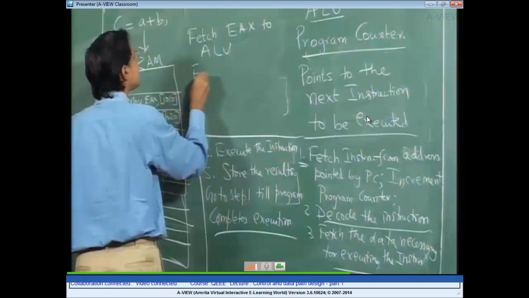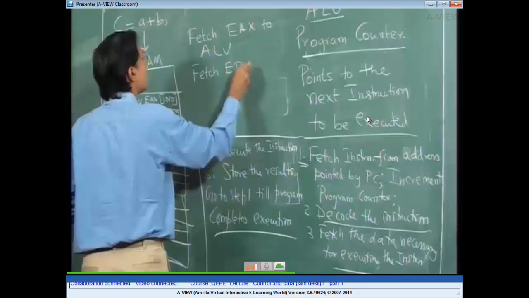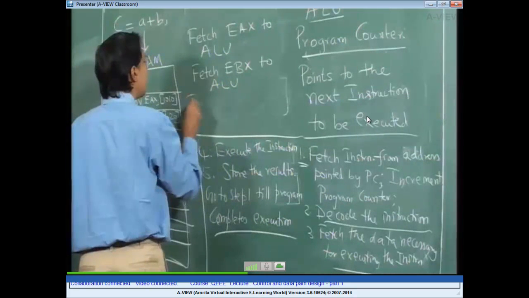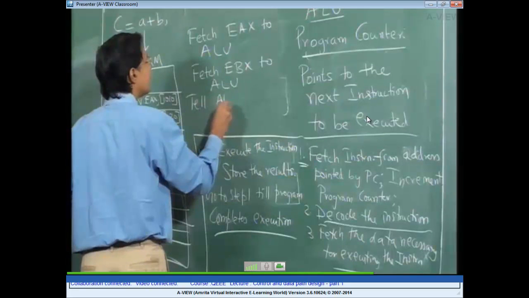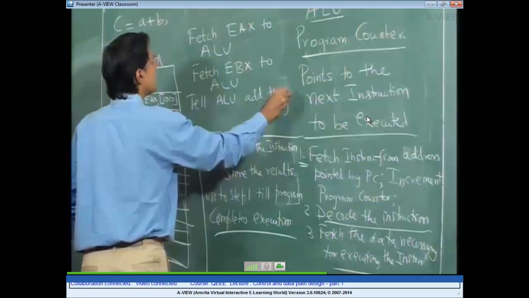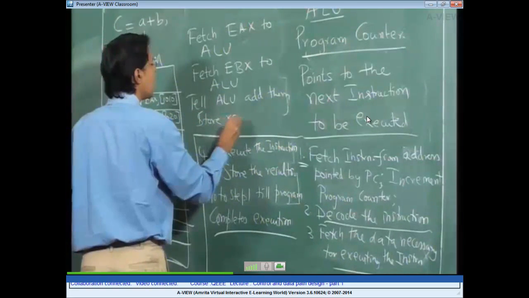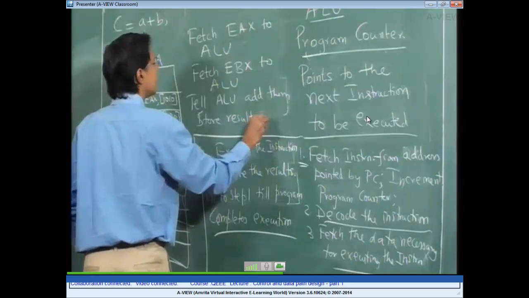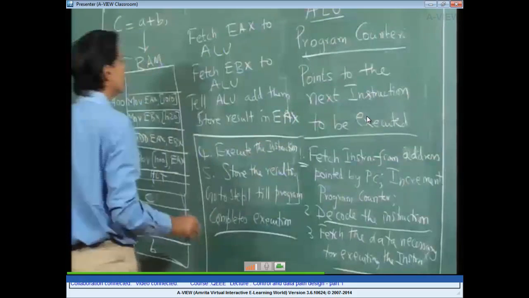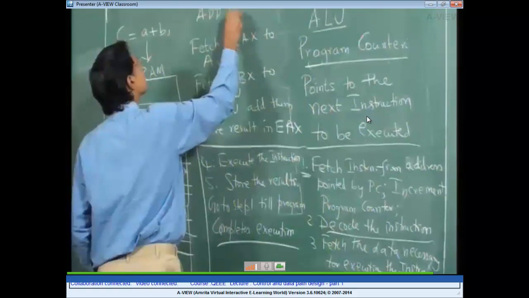I have to fetch EBX also to ALU. I have to tell ALU to add them. Then I have to store the result in EAX. This is what I mean by add EAX, EBX.